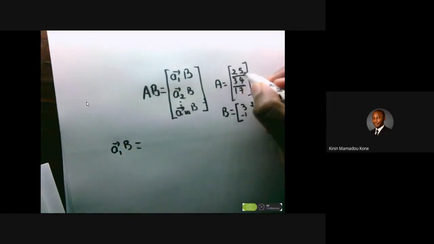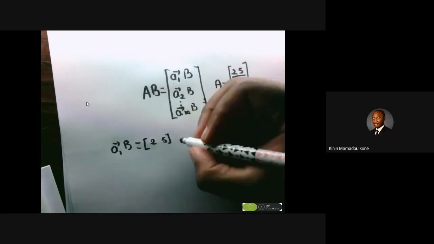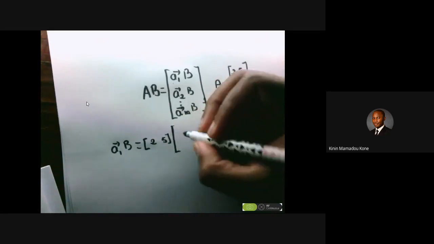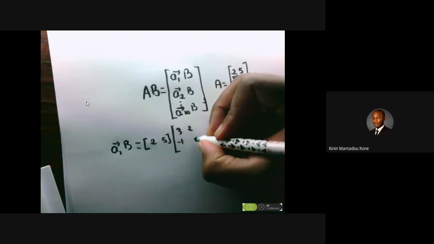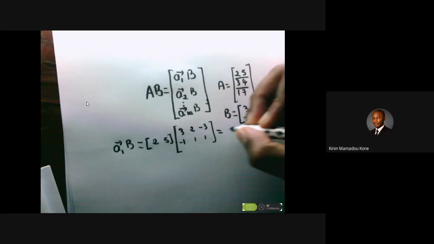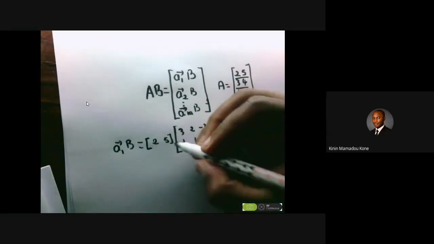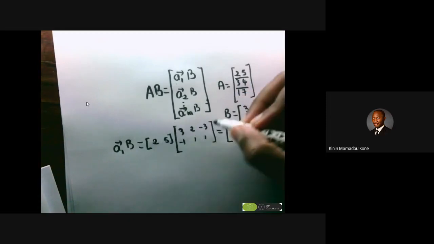So A1 multiplied by B is going to be this one over here. This is my A1, 2, 5, multiplied by 3, negative 1, 2, 1, negative 3, and then 1. And that's going to be equal to row times column, row times column, row times column.